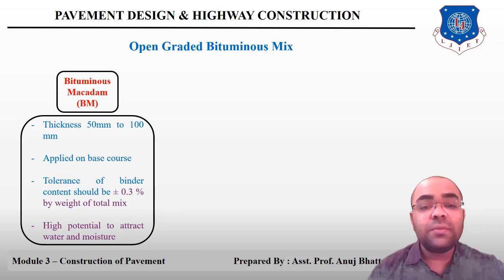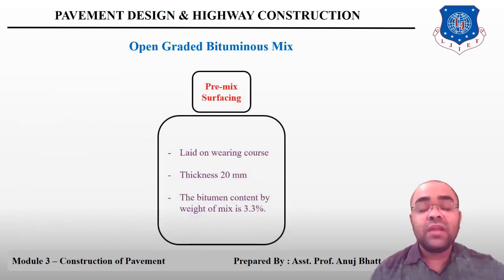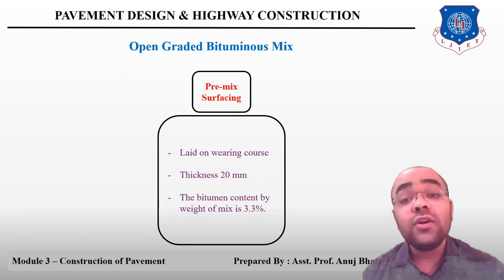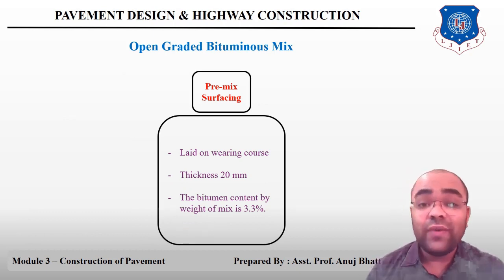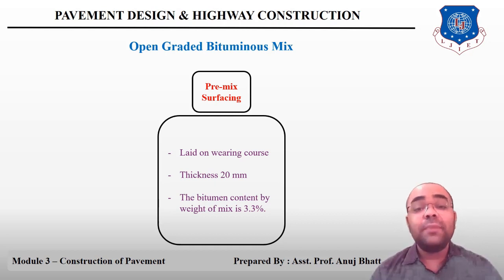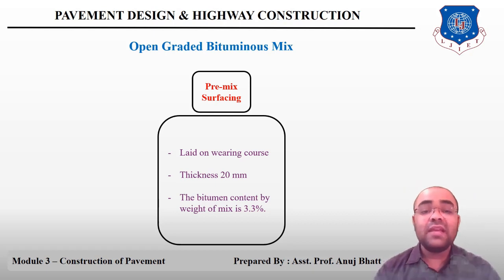Now let's discuss the premix surfacing. Premix surfacing is laid as a wearing course with a thickness of 20 mm, as we discussed above. The aggregates are premixed with the bituminous binder on a previously prepared base in accordance with the requirements.